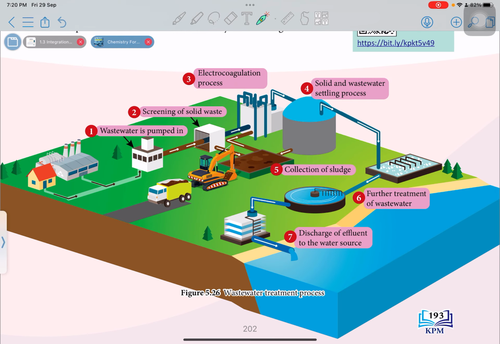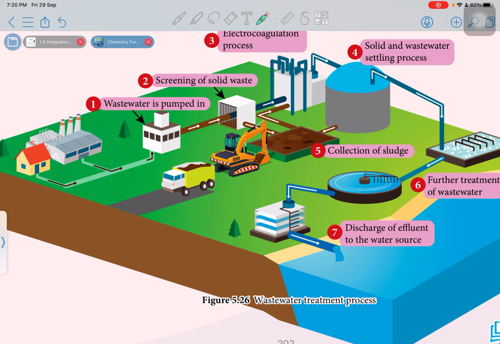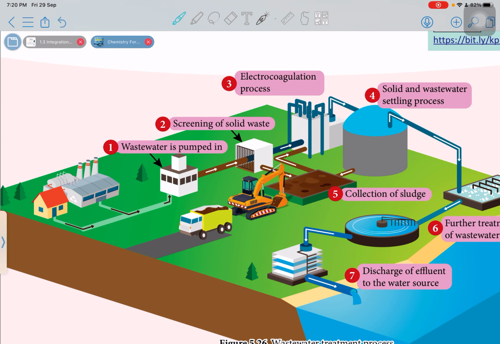So first of all, wastewater is pumped in, screening of solid waste. So then next process, electrocoagulation process, and then solid and wastewater settlement process, and then collection of sludge. Contohlah dalam wastewater ni macam ada macam ni air, kan, ni bikar, ni air.